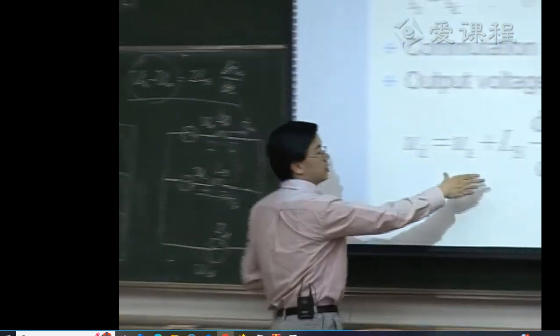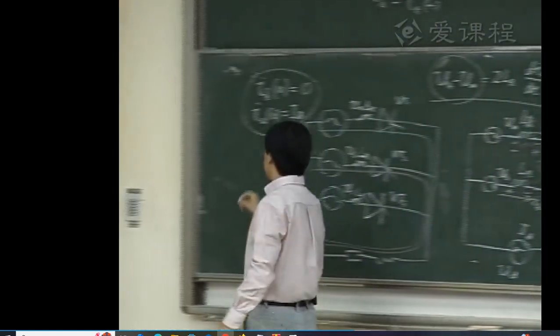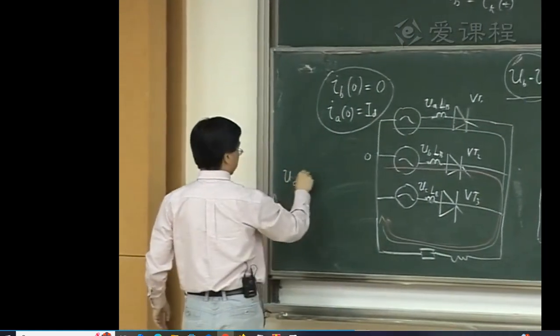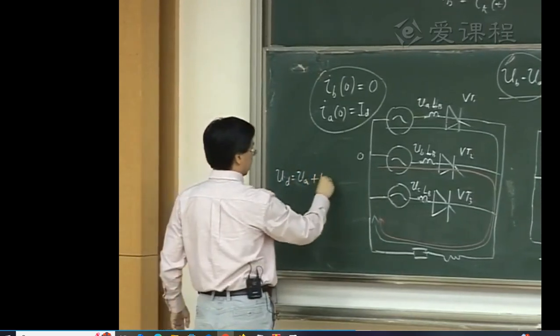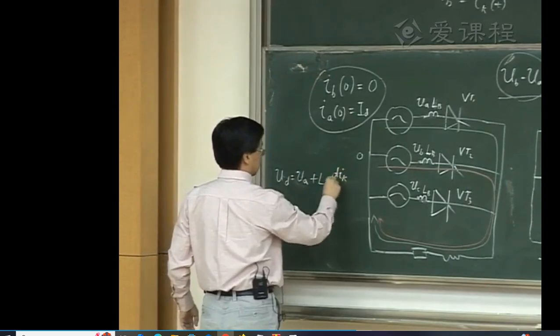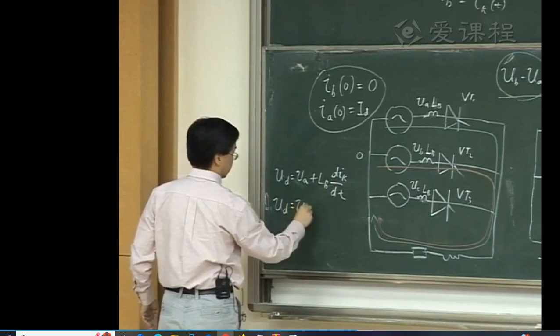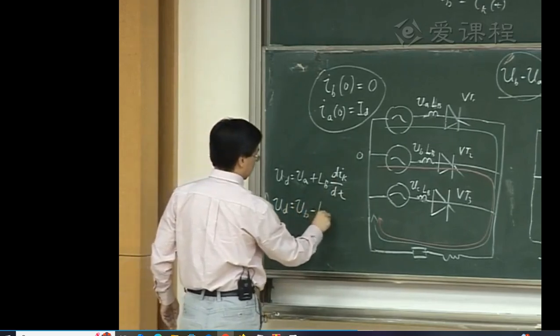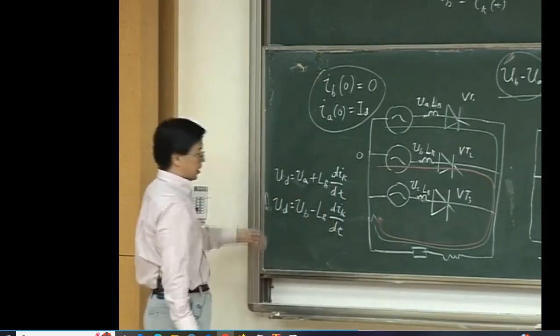So you have this equation and this equation. Let me write it down here. UD is equal to UA plus LB dIK/dt, and UD is also equal to UB minus LB dIK/dt.